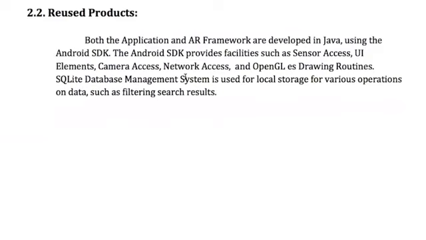SQLite database management system is used for local storage for various operations on data, such as filtering search results. You know, even without a background in CS, I can kind of get a sense of how these products are working together just based on their small descriptions of what they're doing.